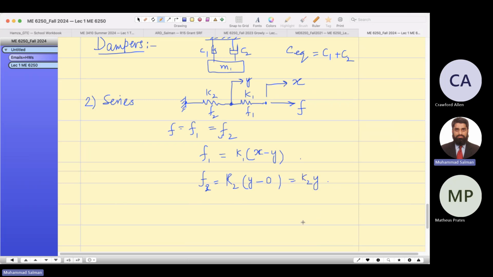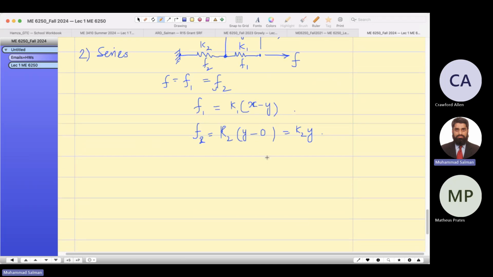Why do I write down k2y? Because the net deflection is y minus 0. The other end is grounded for the spring. Therefore, I just wrote down y only. So F equals k2y.